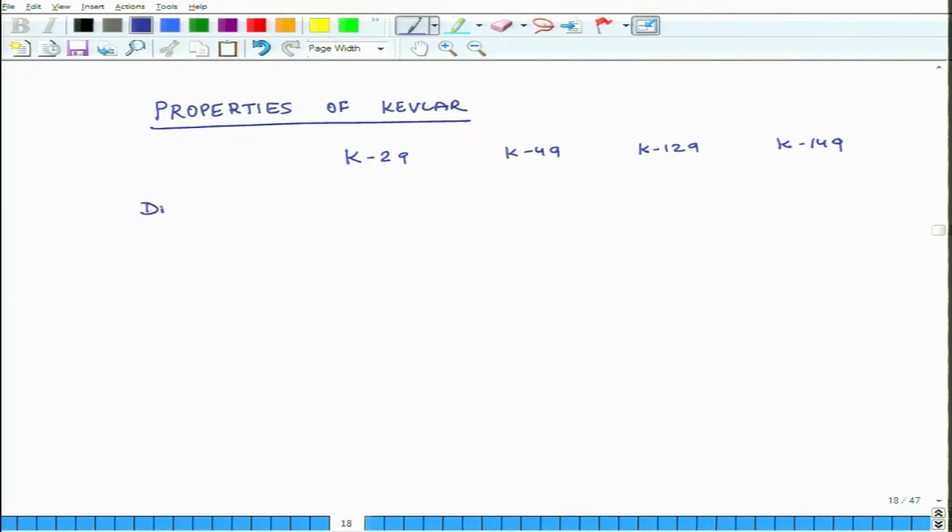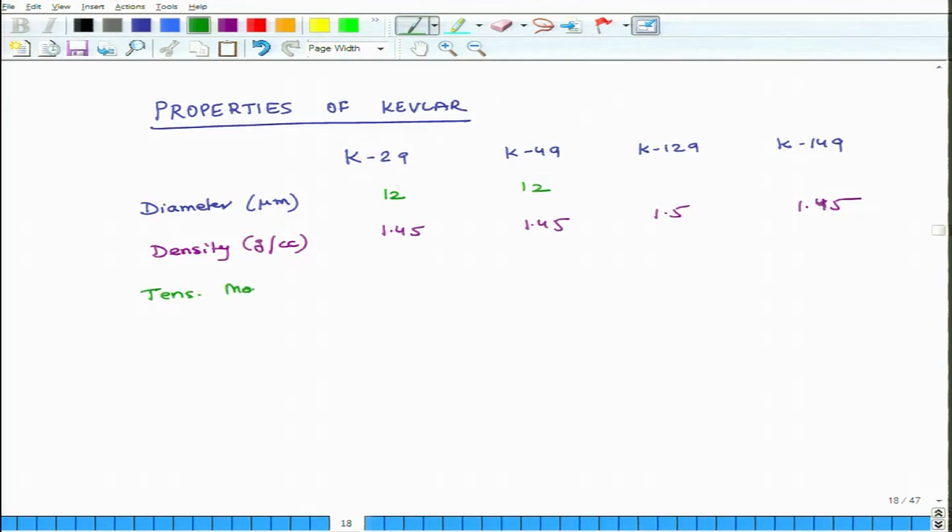So let us look at diameter in microns, 12. Density in grams per cc, 1.45, 1.45, so it is not significantly different, okay.